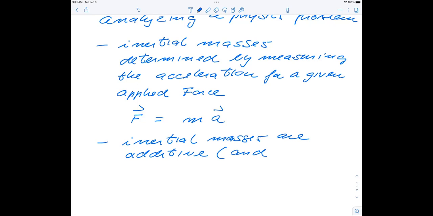These kinds of processes are processes which we will not deal with that much. So most of the objects we are going to look at will have a mass which is time independent, so it stays the same over time. This is another assumption which we are making. So the inertial masses are additive, and we are going to assume that they are time independent.